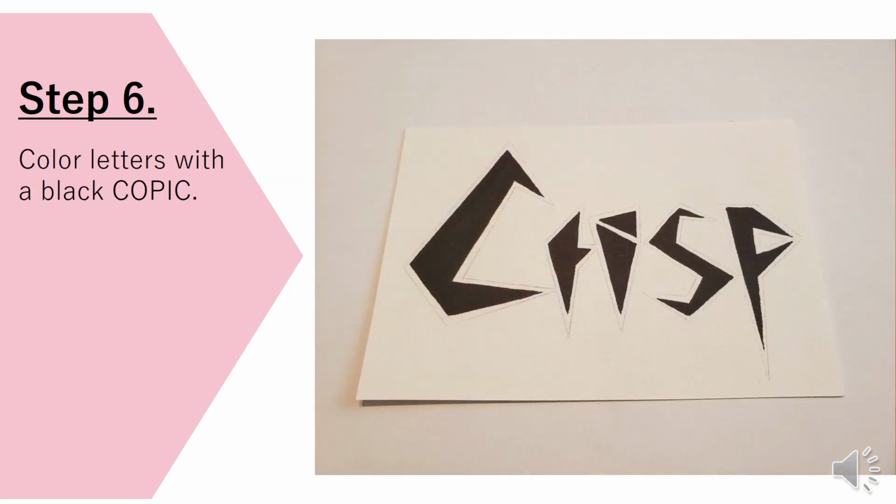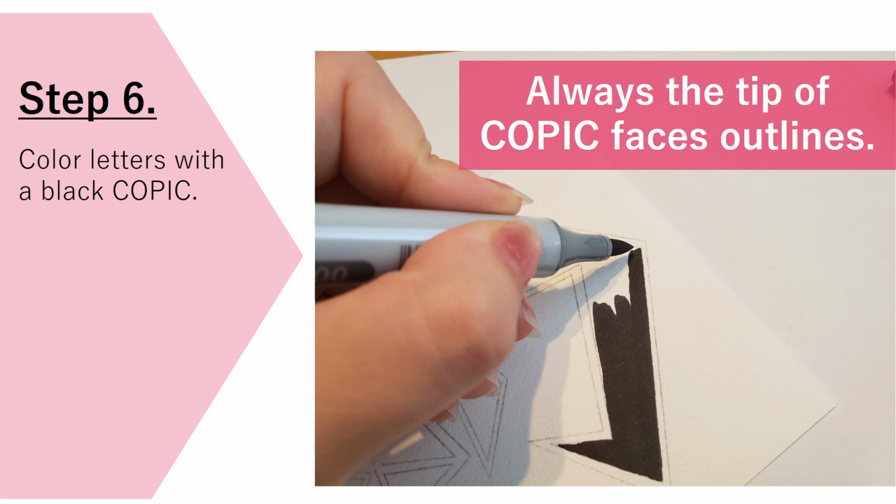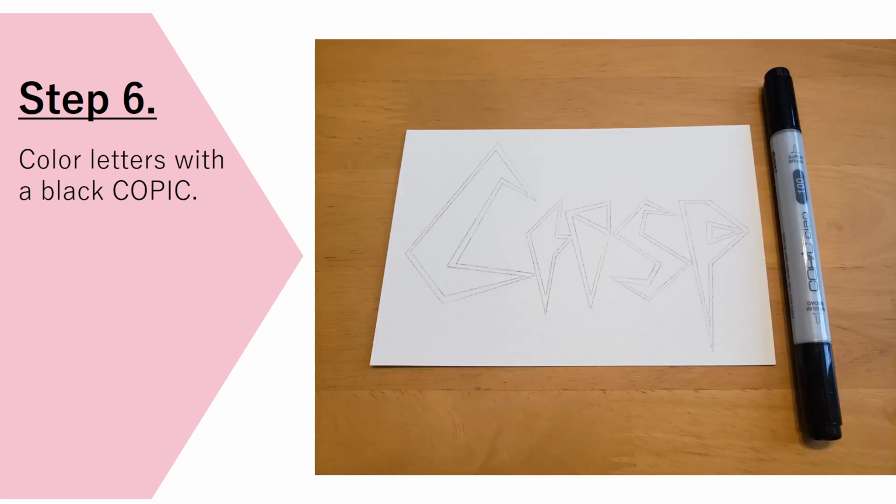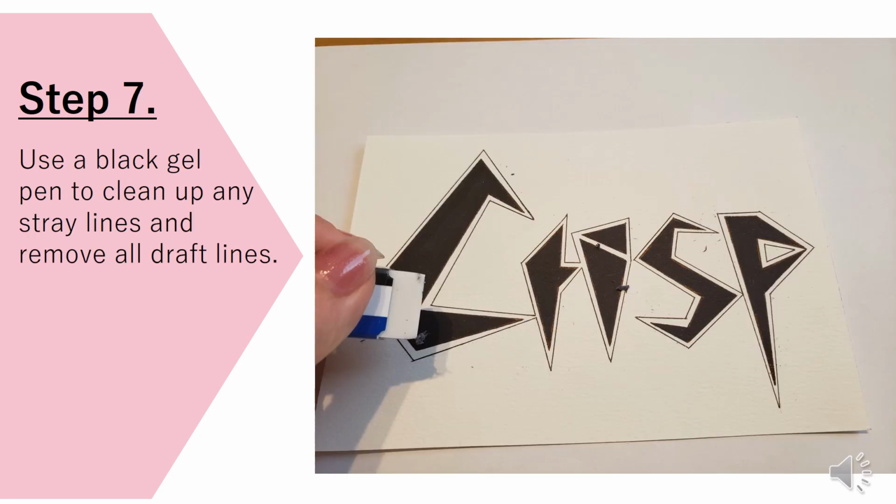And then step 6, color letters with a black Copic. Step 7, use a black pen to clean up any stray lines and remove all draft lines with erasers.